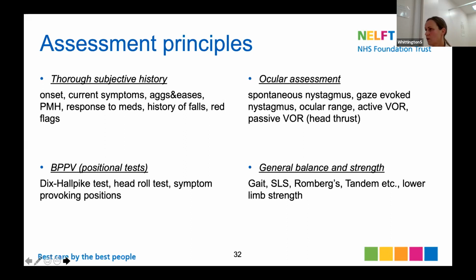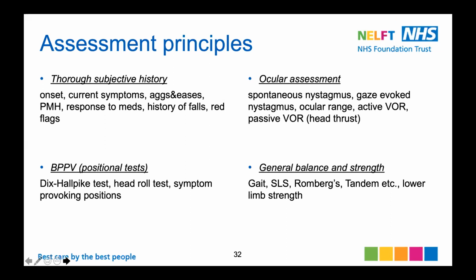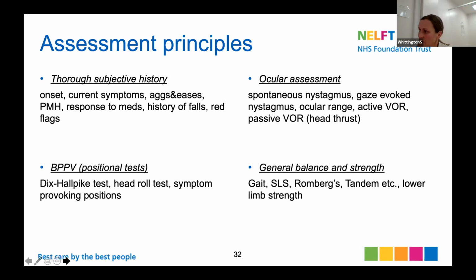So then, to do a basic vestibular assessment, or basic assessment for dizziness, you need to look at the positional test we just spoke about, but before that, you should also do the ocular assessment. That means have a look at the patient.